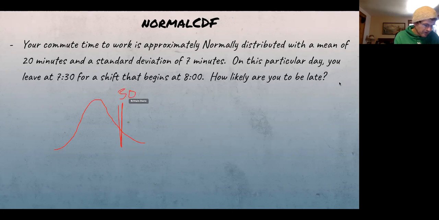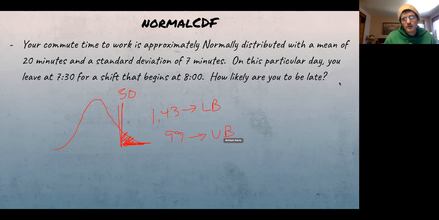So I want to make sure that the z-score that we got, the 1.43, is my lower bound. And my upper bound is going to be like 99, positive 99. So that could be the problem. If you went from negative 99 up to 1.43, you're going to get the inverse. You're going to get about 0.992.